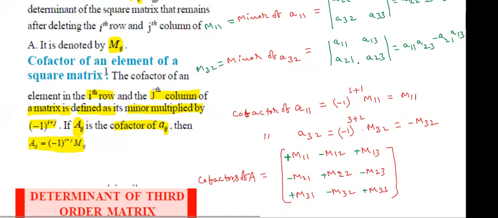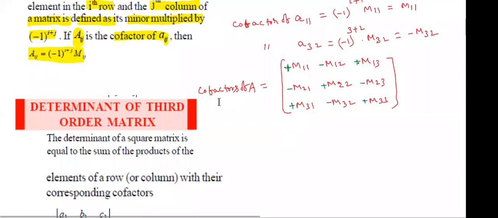Right. Next, the determinant of a third order matrix. The determinant of a 2 by 2 matrix we know very well: AD minus BC. But third order is different. The determinant of a square matrix is equal to the sum of products of the elements of a row with their corresponding cofactors.